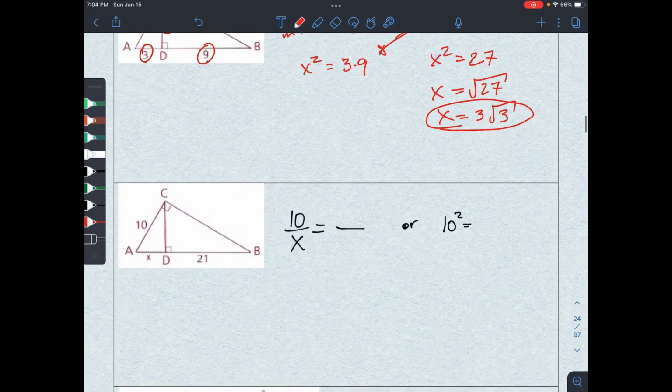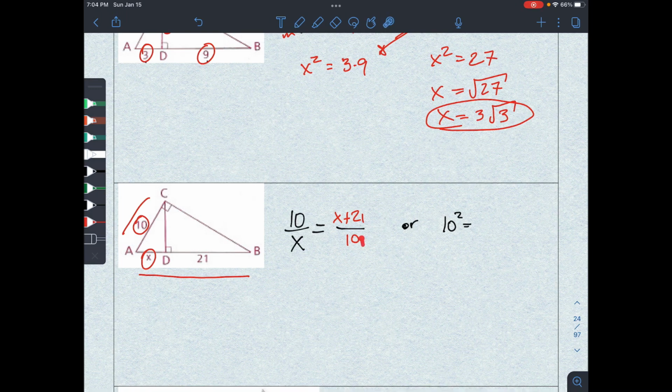All right, one more. Again, if we take the small triangle and look at the hypotenuse and the short leg, and then we have the hypotenuse and the short leg of the big triangle. Okay, so x plus 21 over 10.